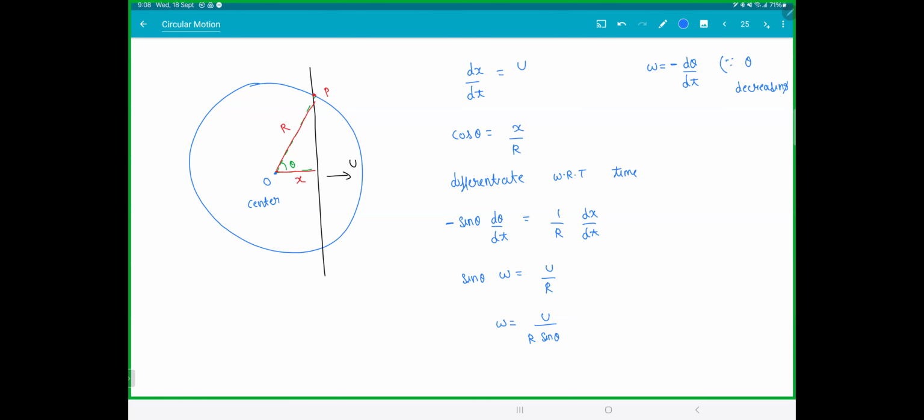Clear? Any doubts on this? Mridul? Pramiti? Clear? Tanish? Next one.